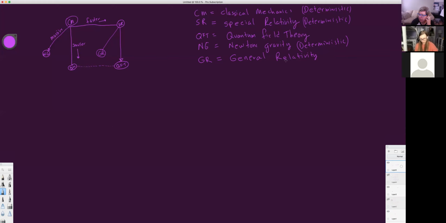But general relativity is sort of the true theory. Newtonian gravity is used because general relativity is exceedingly more complex to use, and it's unnecessary to use general relativity for things like how fast does the pen fall when you drop it? You just don't need that. But the true theory of gravity is general relativity. Okay. And this is deterministic.